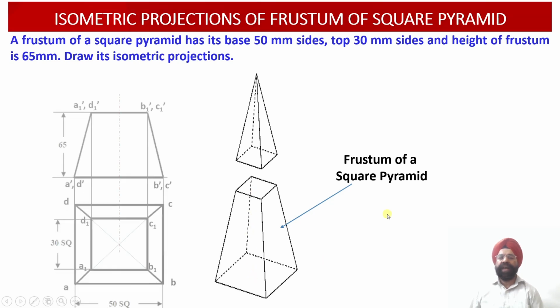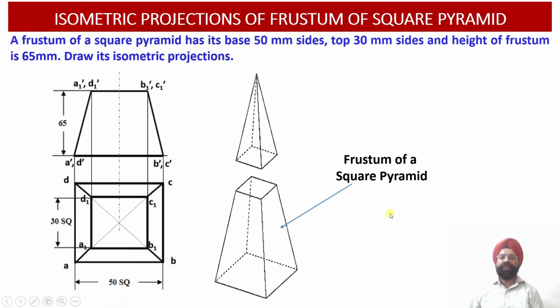Now we are required to draw the isometric projections of the square pyramid. But before we start with the construction of the isometric projections, first we are going to work out the orthographic projections of this frustum. Corresponding to the base, each edge of the square is 50 millimeter.